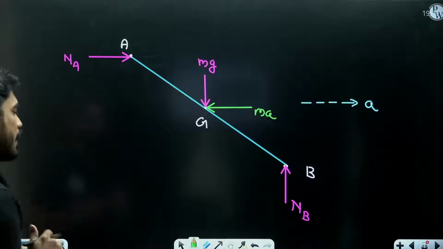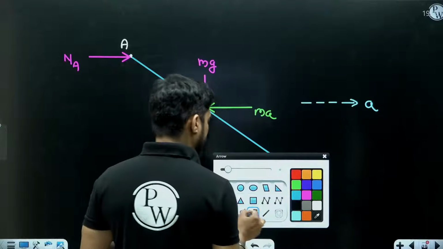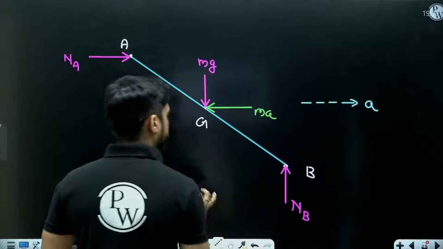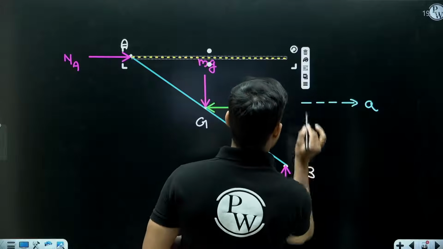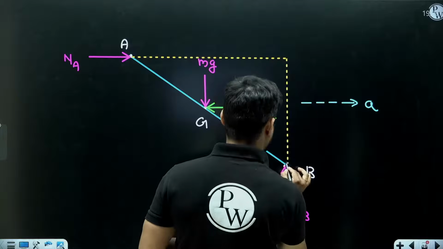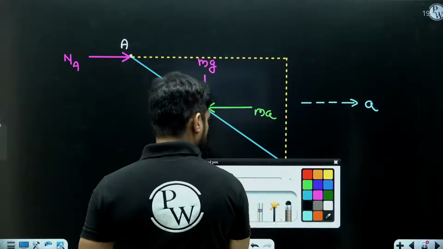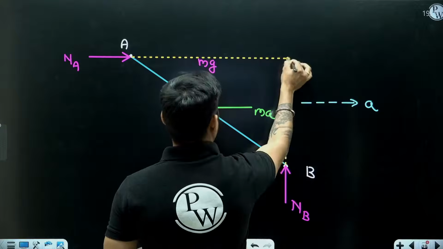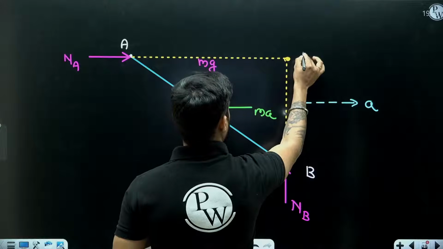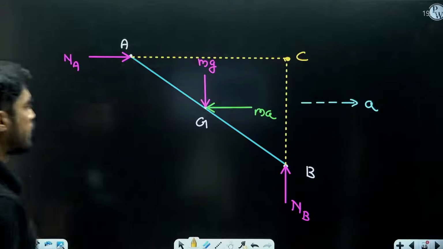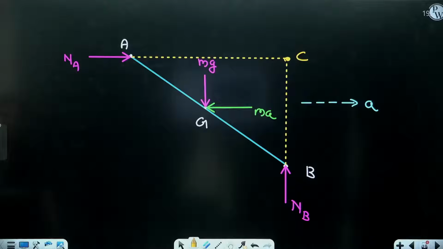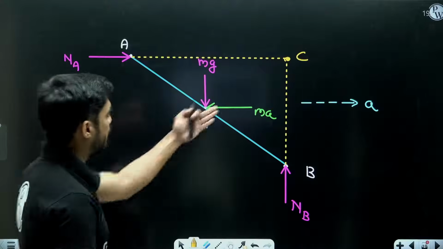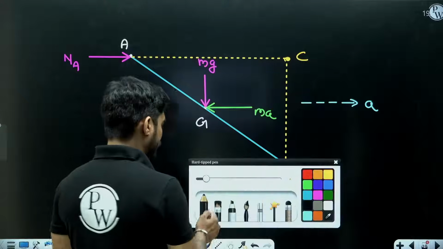Where will you take moment? At a point at which the moments of NA and NB both become 0. So if I extend this like this and extend this like this, now this is the point. Let me call this point C. If I take moment at point C, the moments of NA and NB are gone, so I will get the moment of ma and the moment of mg.